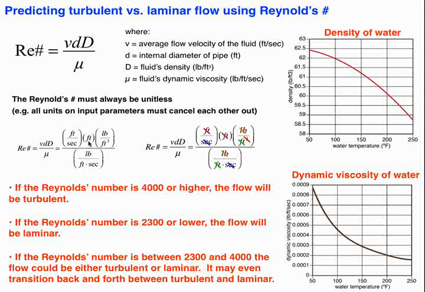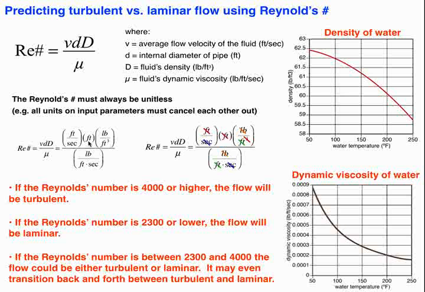For Reynolds numbers between 2,300 and 4,000, the flow could be laminar or it could be turbulent. It's an unstable flow regime is the term that's used. And generally, we don't want to be there, especially if we're trying to transfer heat through our tubing. We want to have Reynolds numbers that, in general, are well above 4,000.